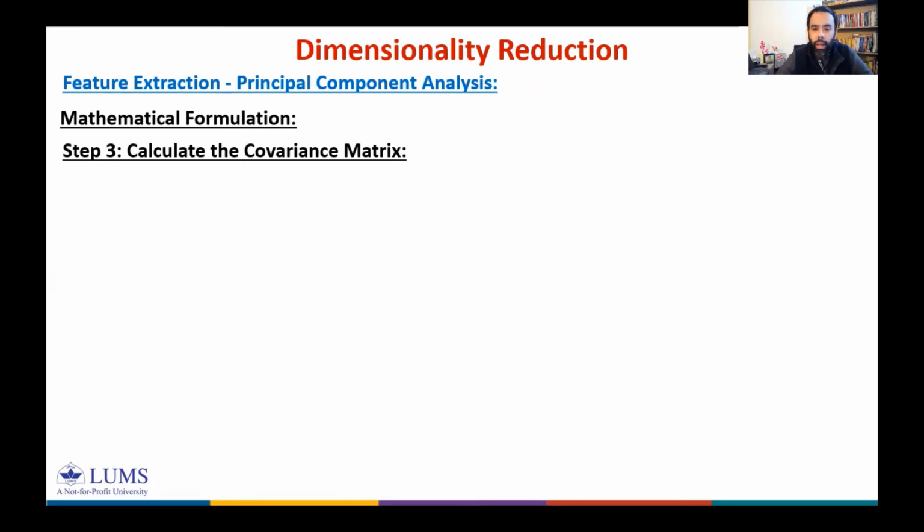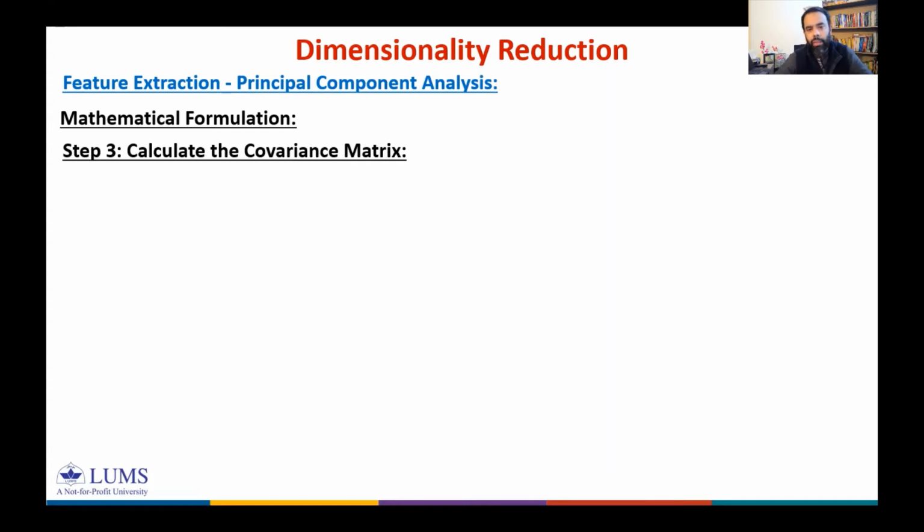I encourage you to spend 5 minutes and find out the difference between covariance and correlation. Okay, coming back, we want to calculate the covariance matrix.